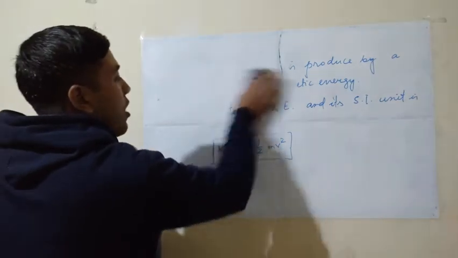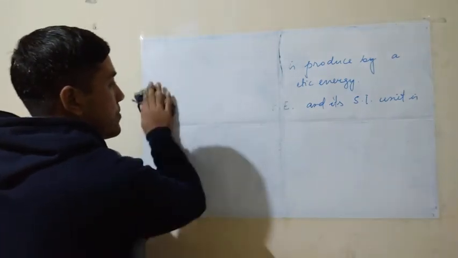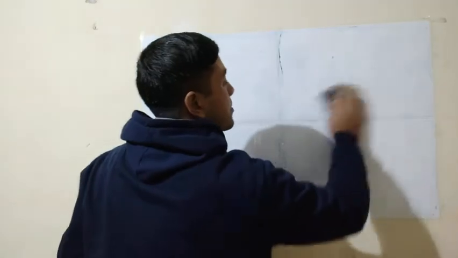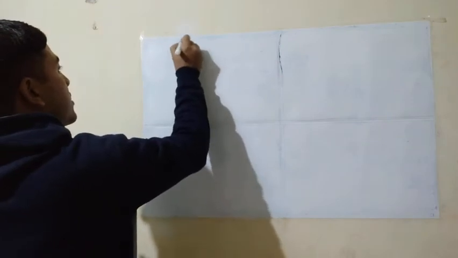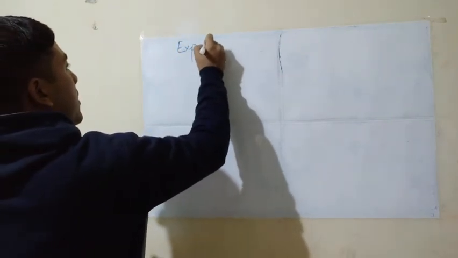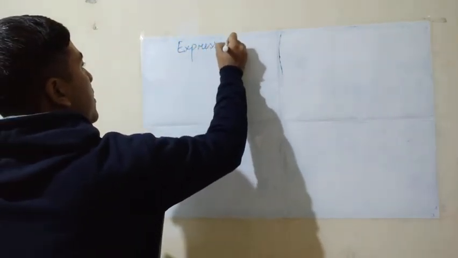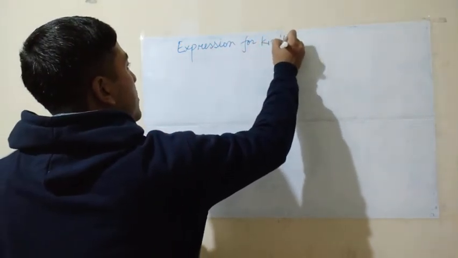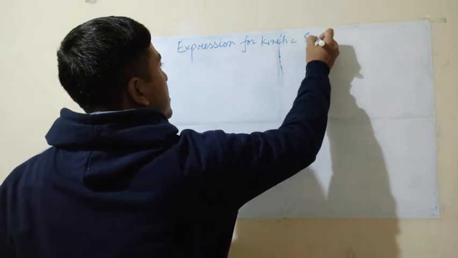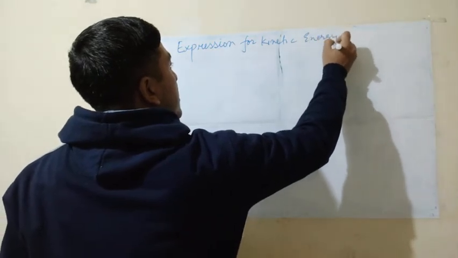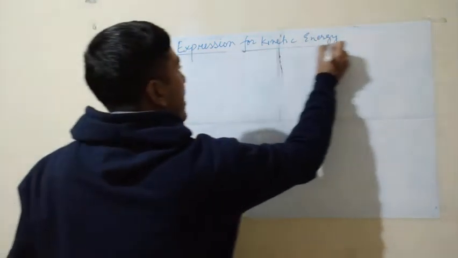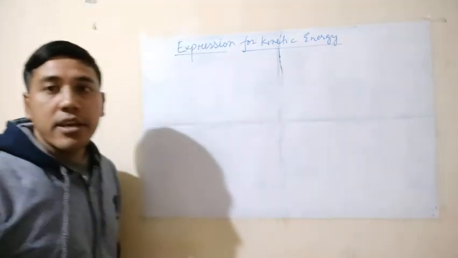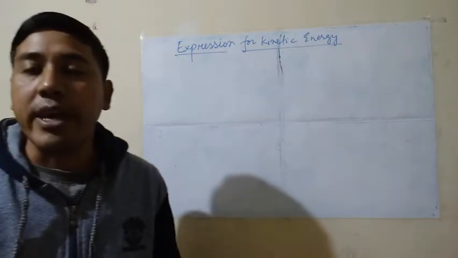Now, expression for kinetic energy. That means we need to derive the kinetic energy, that is K.E. is equal to half mv square.